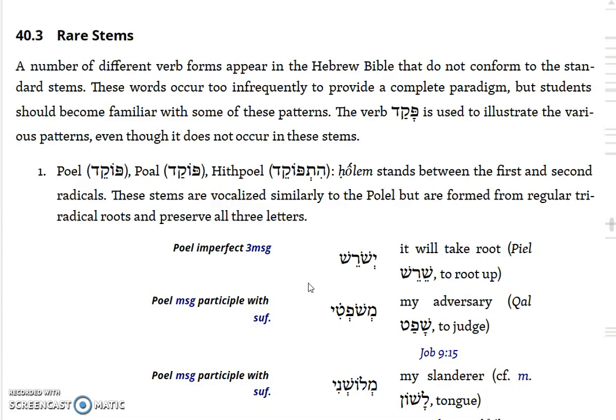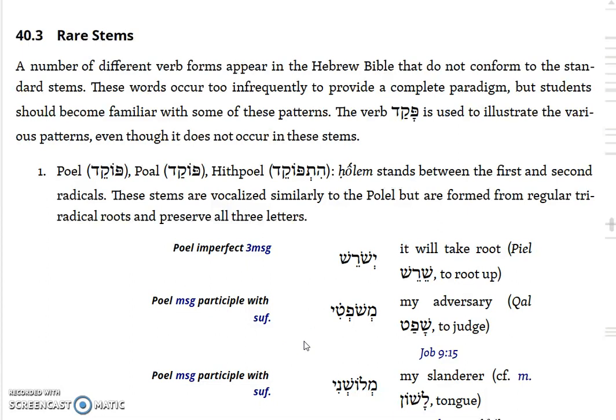But the imperfect: shoresh is the word for root, and yeshoresh basically takes that noun form and turns it into a verb, as the piel would do. It will take root, or can also mean, well, the piel means to root up. The poel is kind of the opposite, to take root.